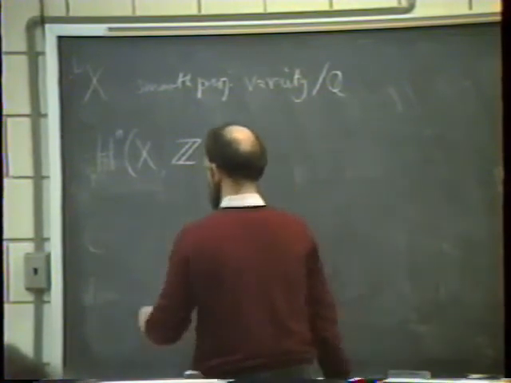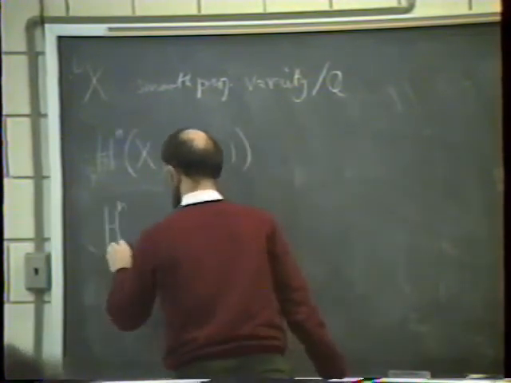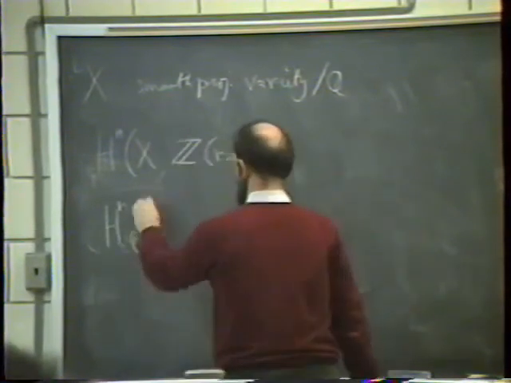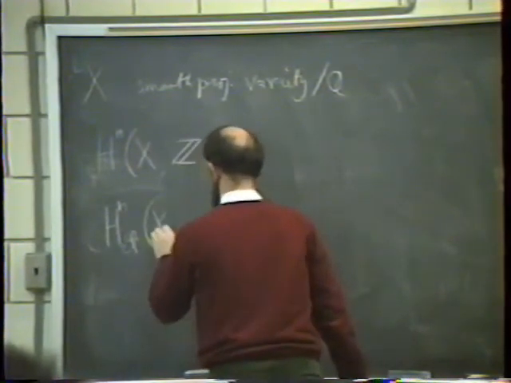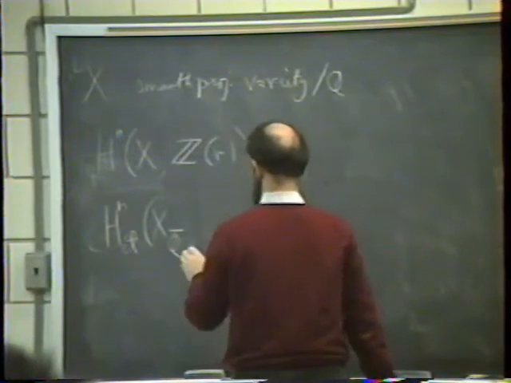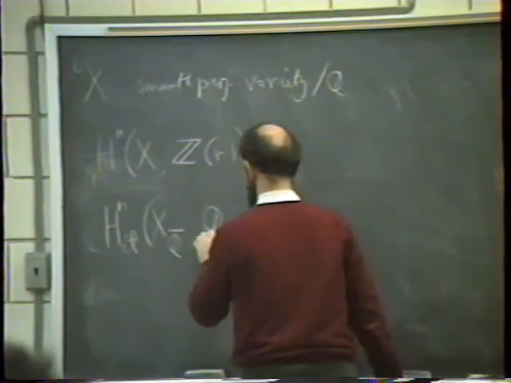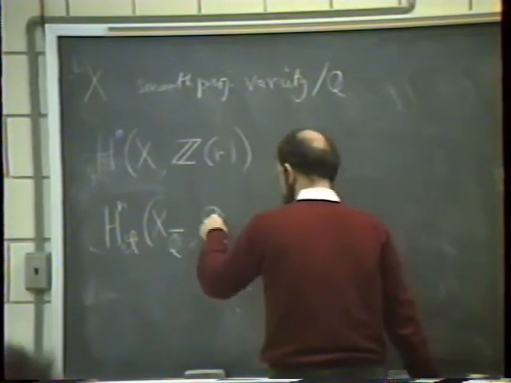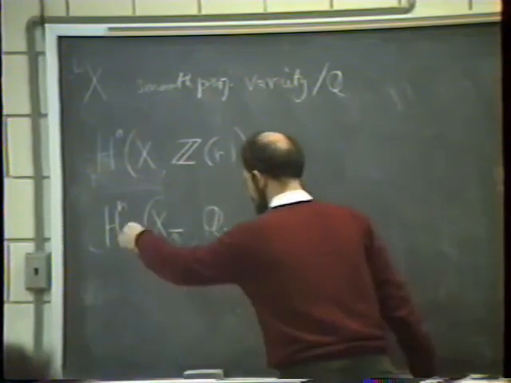If I look at what's called the étale cohomology, well, technically, you write it like this. You take some L that has nothing to do with anything, and you could define a cohomology group.